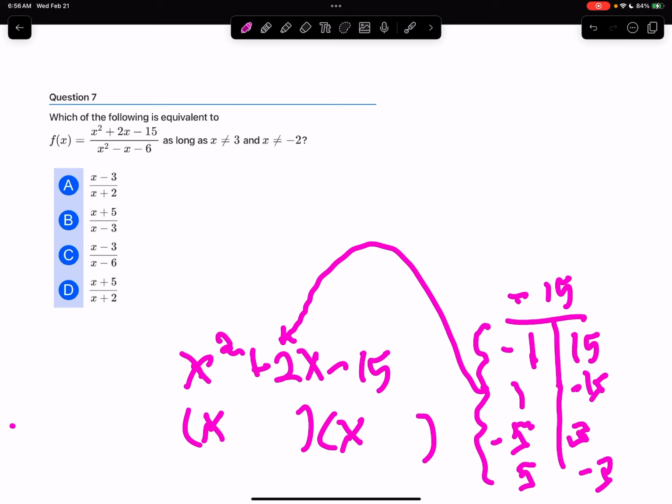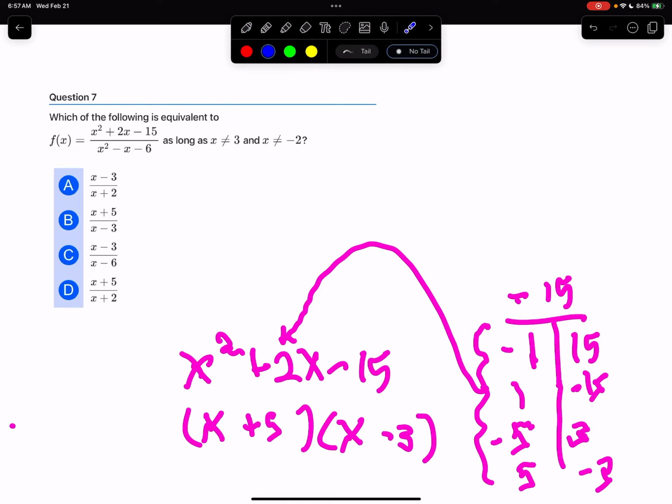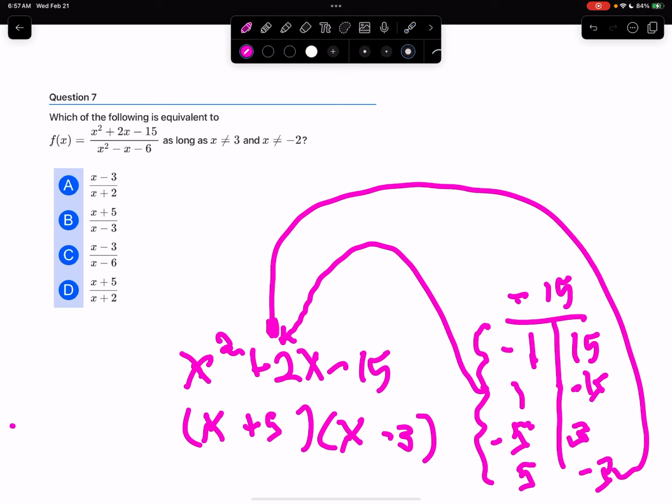I'm going to look at one of those to give me positive 2. That's 5 and negative 3. 5 minus 3 is 2. So I'm going to use positive 5 and negative 3 here. Again, that's the only one that will add up to give me that middle number, the positive 2.